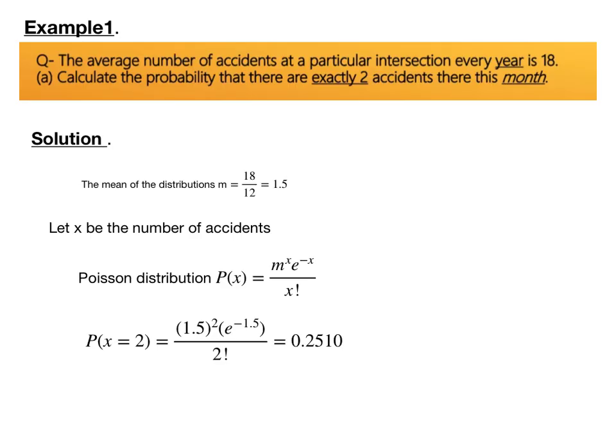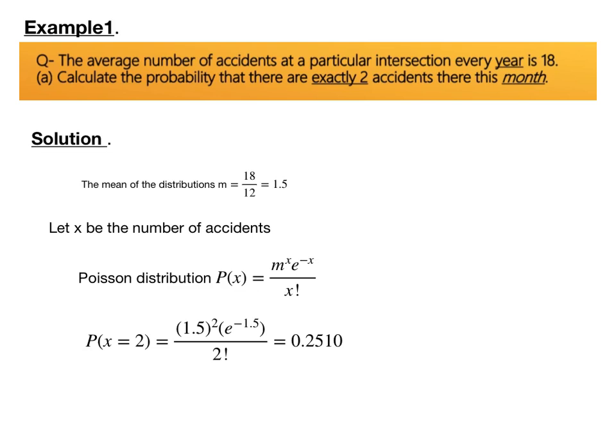So let me take the first example. The average number of accidents at a particular intersection every year is 18. Calculate the probability that exactly 2 accidents happen in this month. For solving any example on Poisson distribution, we need to find the value of m, which is unknown.